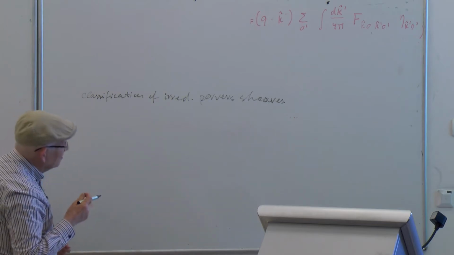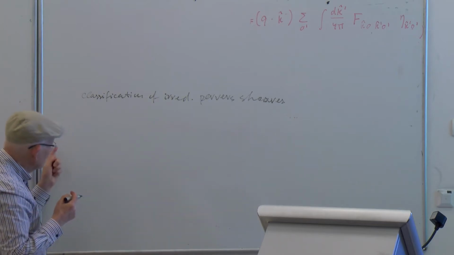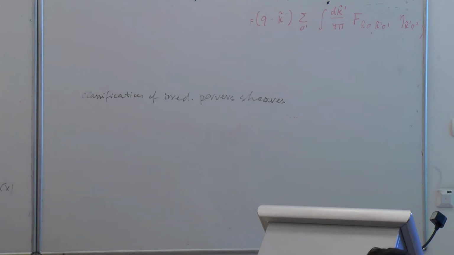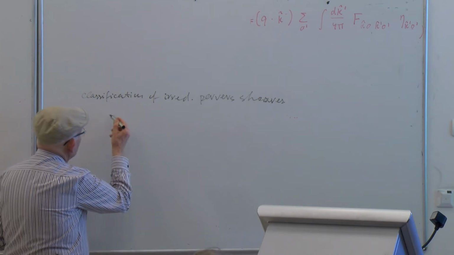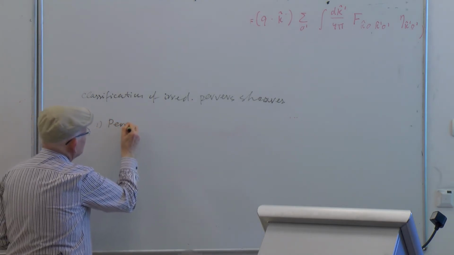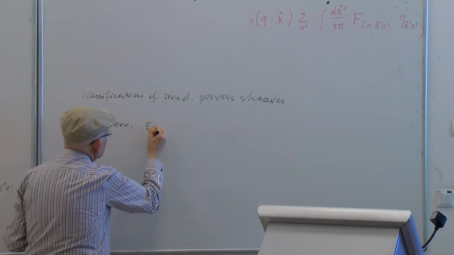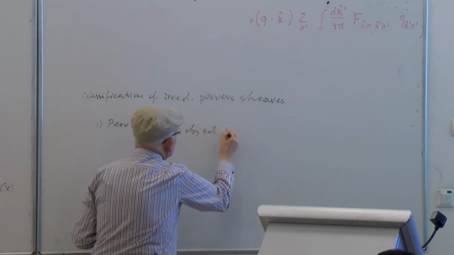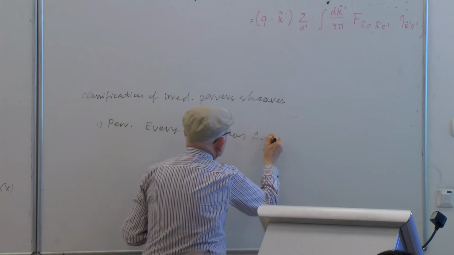In order to classify this, I just list some properties of perverse sheaves. First is that every object of perverse sheaves has finite length.